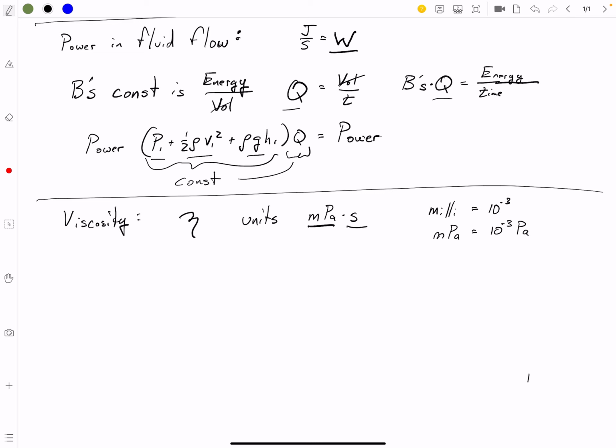Okay, so millipascals times a second. That is viscosity. These are the SI units.